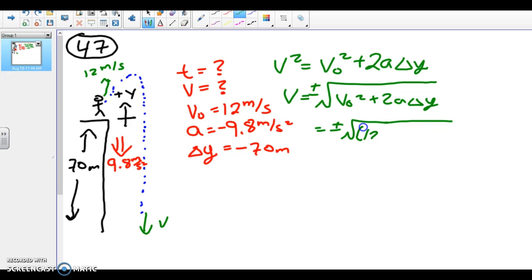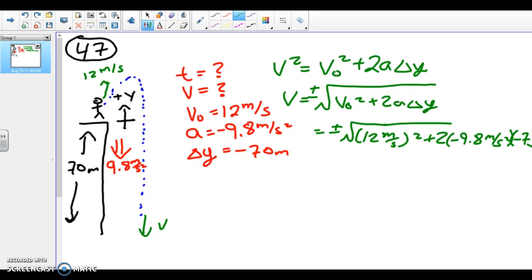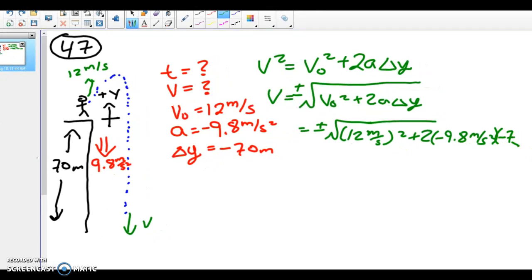So you've got 12 meters per second squared plus 2 times negative 9.8, and you'll notice that your negatives end up canceling here, times negative 70. Can you see that there?